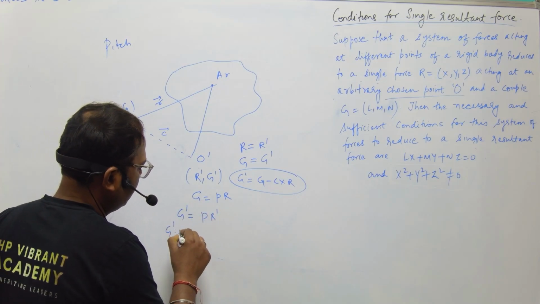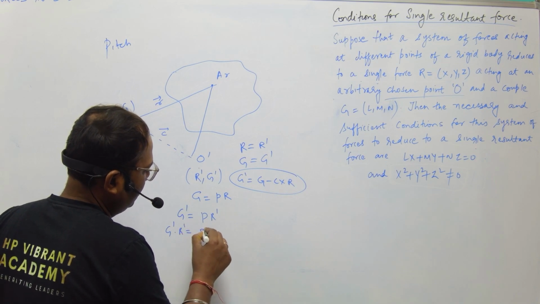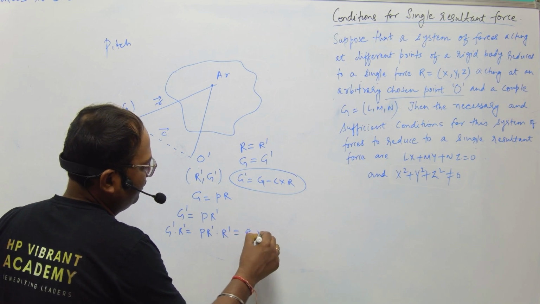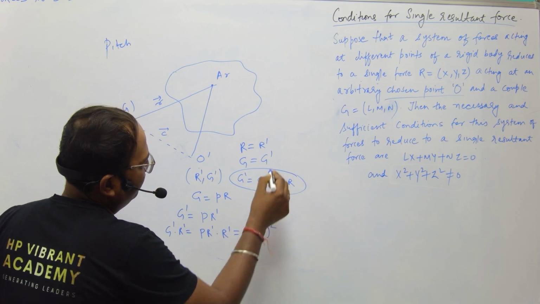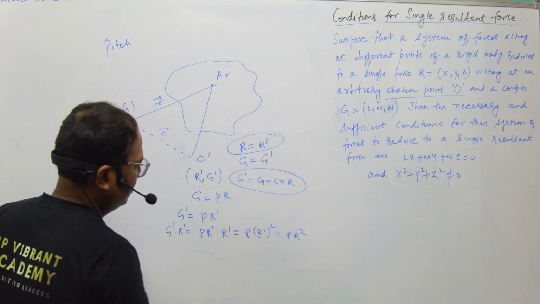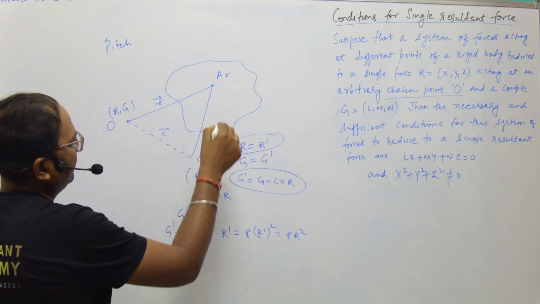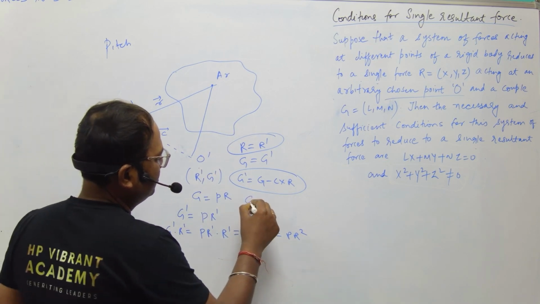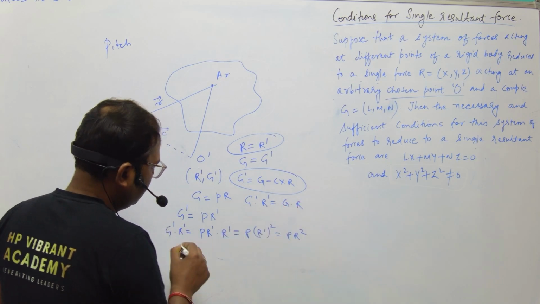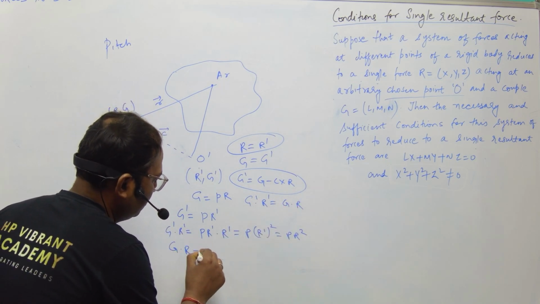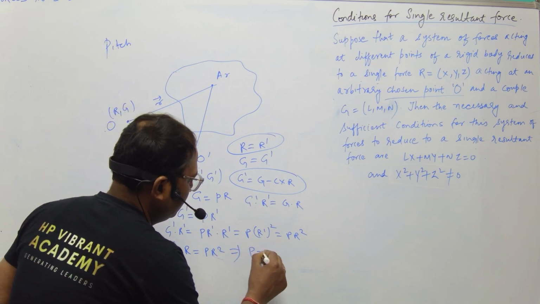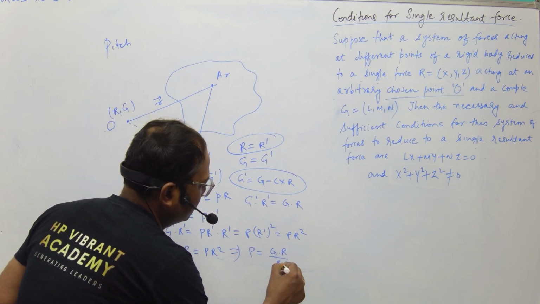So G dash dot R dash is equal to P times R dash dot R dash, which is P times R dash whole square, and since R dash is equal to R, this is P R square. From the concept of invariant, G dash dot R dash is equal to G dot R. Let us replace this: G dot R is equal to pitch times R square. So from here we have pitch is equal to G dot R upon R square.